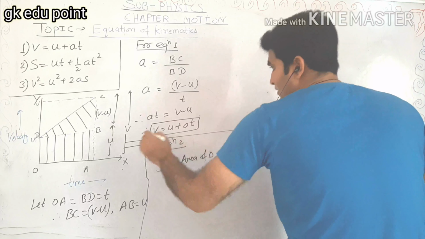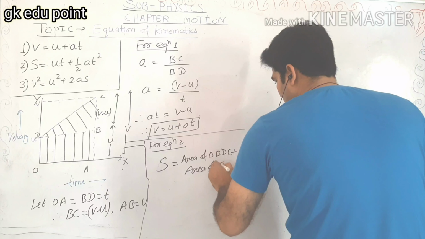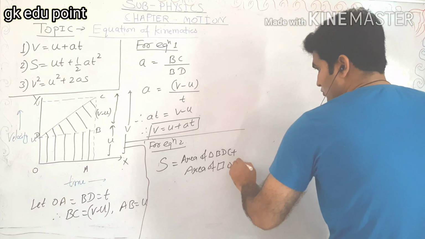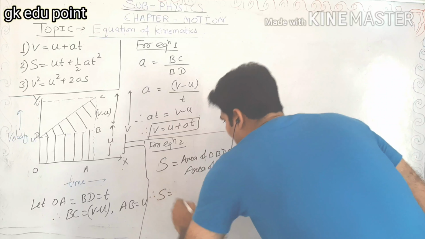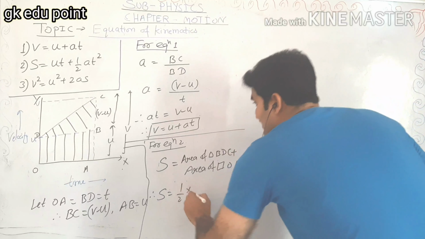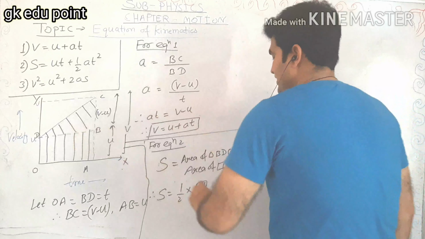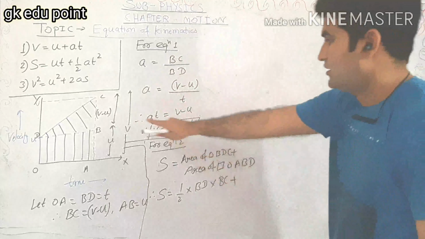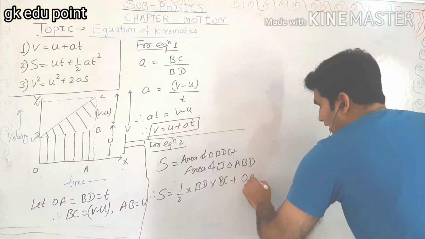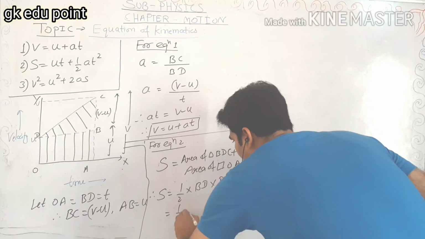In the same way, we can write displacement here as the area of triangle BDC plus the area of rectangle OABD. The area of a triangle is half base into height; BD represents the base and BC the height. Plus the area of the rectangle, length into breadth, OA into AB. Now we put the values.